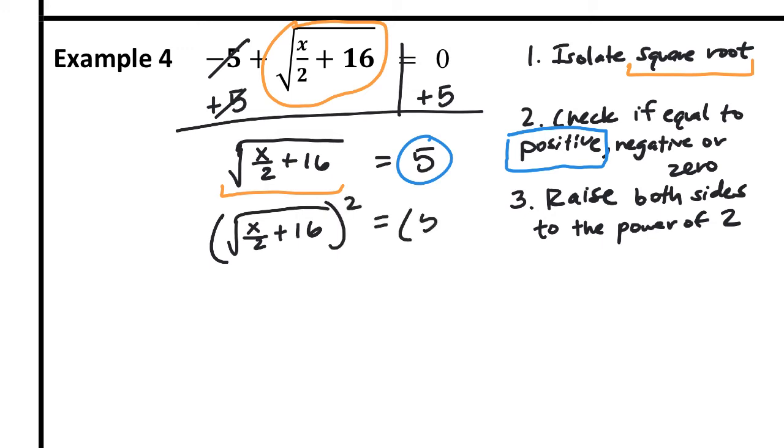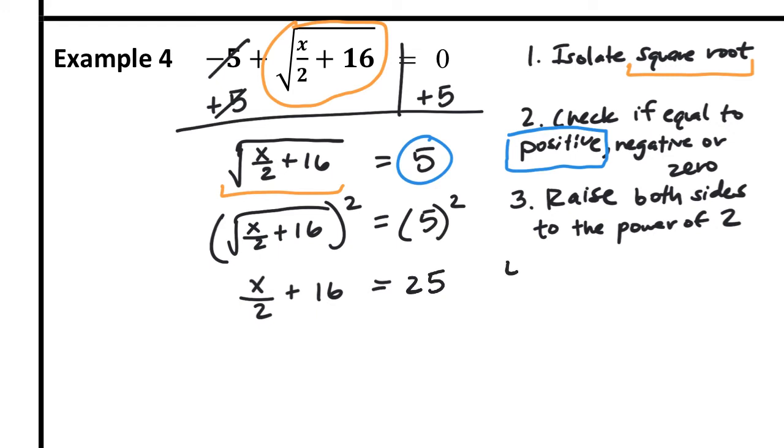So it's going to look like this, right? So on the left side, the square root and the square cancel each other out, leaving me with everything that's inside. Right? And then on the right side, 5 times 5 becomes 25.